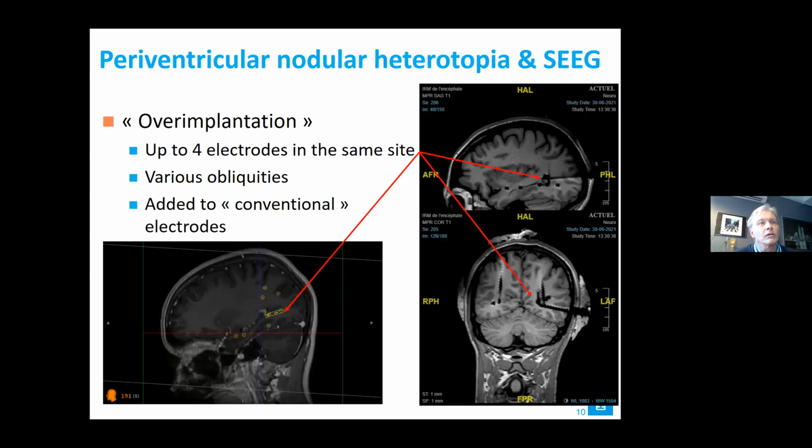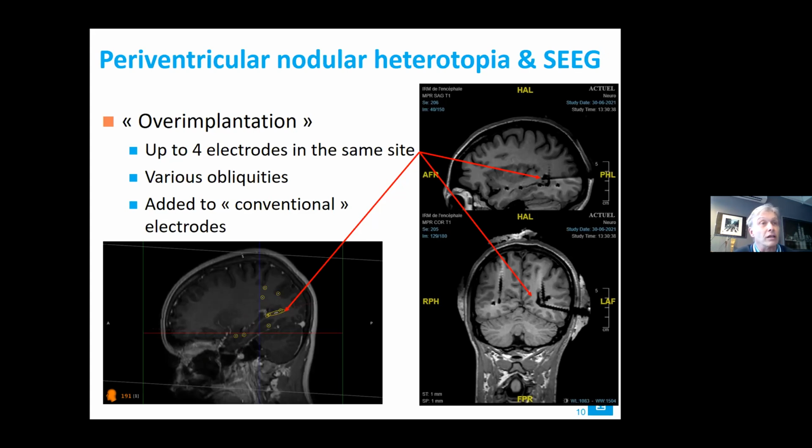This slide is to explain a little bit what I do really mean by the term over-implantation. So this is something totally technical, but which I think can be interesting for anyone performing SEEG in such circumstances. What I mean, in fact, is that it is possible to implant up to 4 electrodes, very close one from each other, in the heart of the heterotopia, as shown in these two different examples, again, from our cohort.